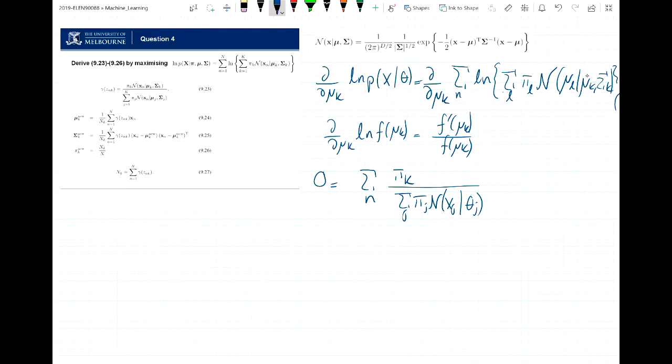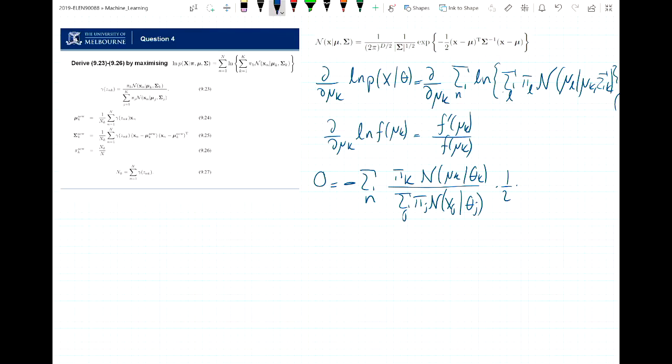And then the derivative of the Gaussian: the first constant will stay as the constant. The exponent's derivative is itself, so this part actually remains as itself too. So this will be the normal of x n given mu k sigma k. But then the derivative of the exponent will come as a term. So that's the chain rule. Following the chain rule, we got minus 1/2 was there.